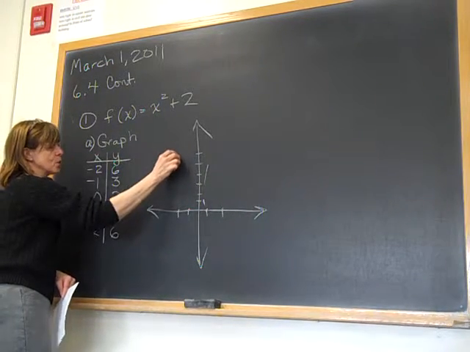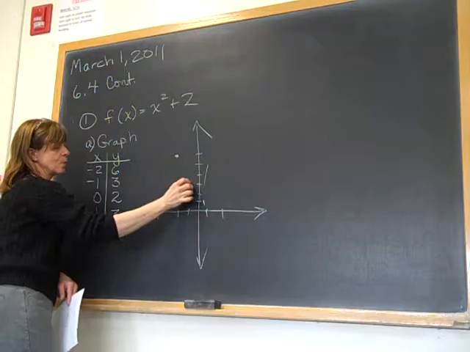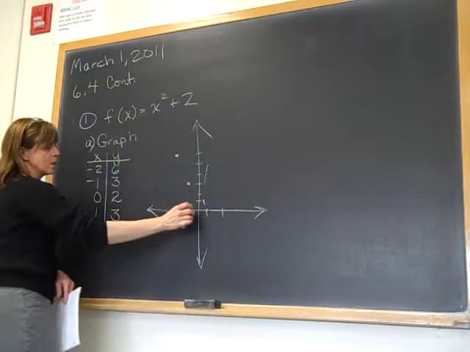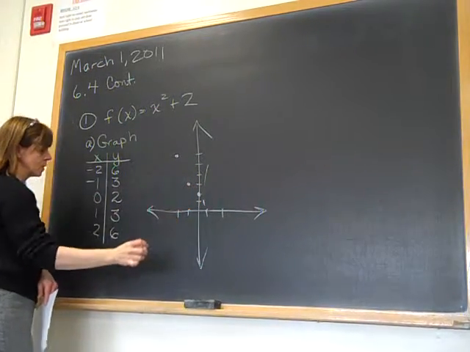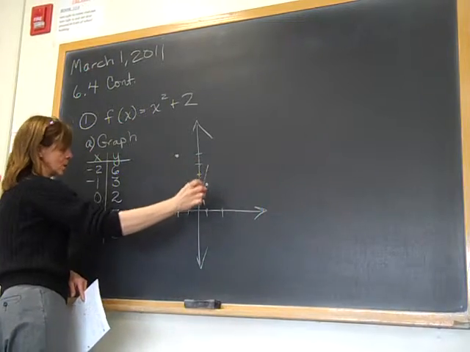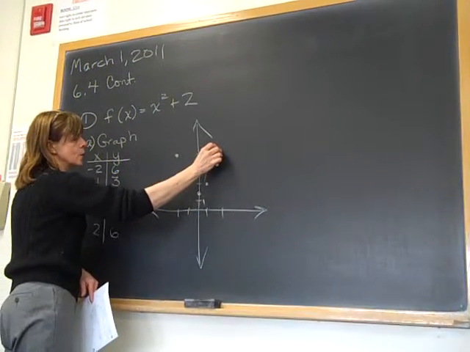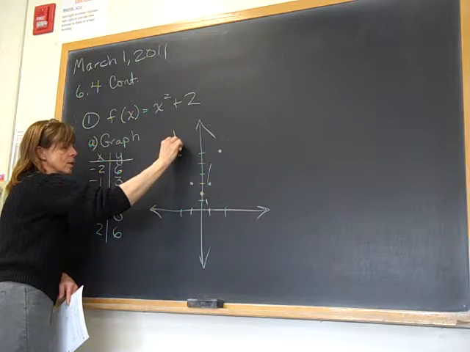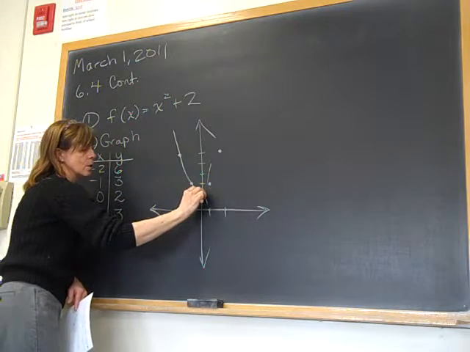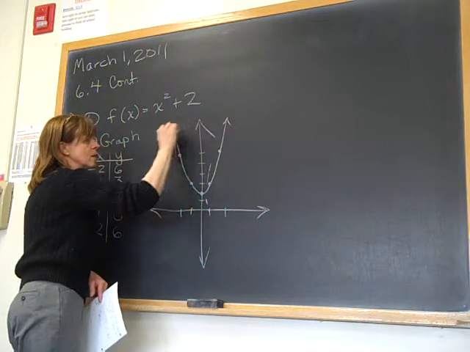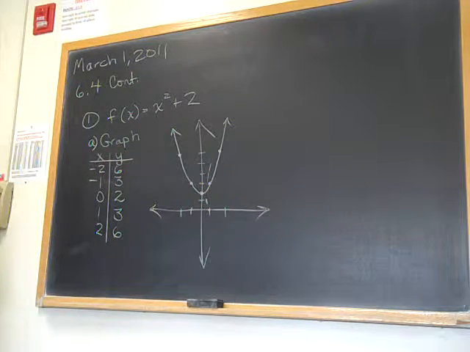So negative 2, 6, negative 1, 3, 0, 2, 1, 3, and 2, 6. So we have a parabola looking like so.